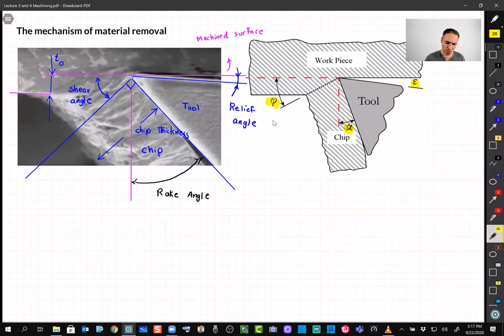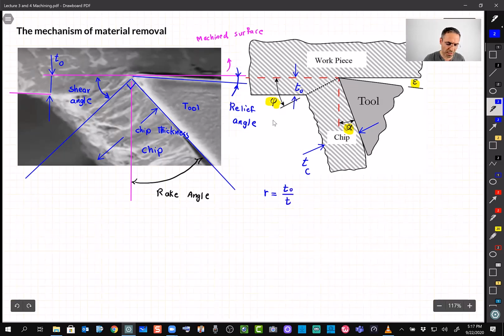So the chip thickness, you can say this is probably closer to this area. This is the chip thickness, and we show it by TC. And as we said before, T0 is the initial thickness that we plan to remove from the material. We introduce a new parameter, let's call it R, and R is T0 divided by TC. And we call it the chip thickness ratio.